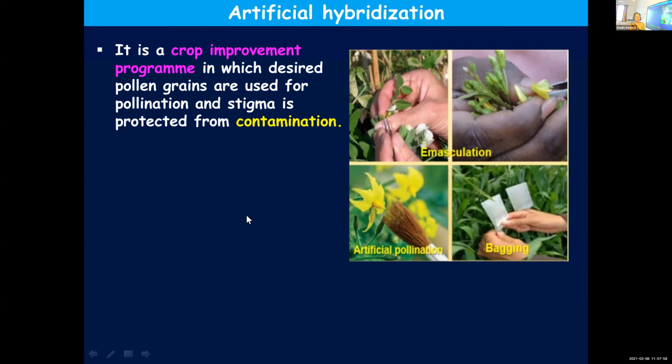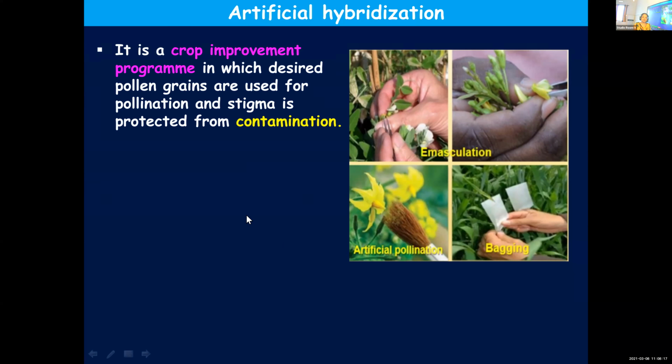Artificial hybridization is a crop improvement program. It will help in improving the variety or the qualities of the crop, in which desired pollen grains are used for pollination and the stigma is prevented from contamination.